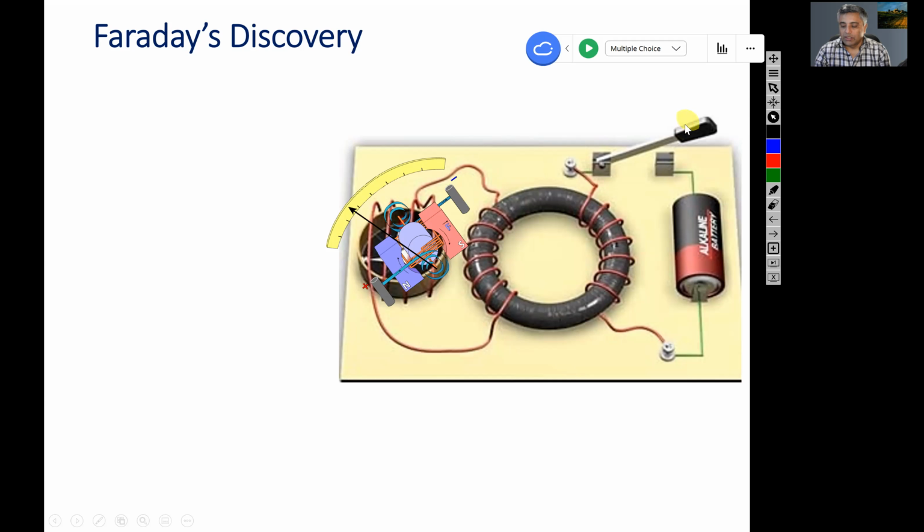So when the switch is all the way down, current is flowing, constant current, which gives us a constant magnetic field. When the switch goes from on to off, what happens? Current goes from maximum to zero, meaning the magnetic field is changing.